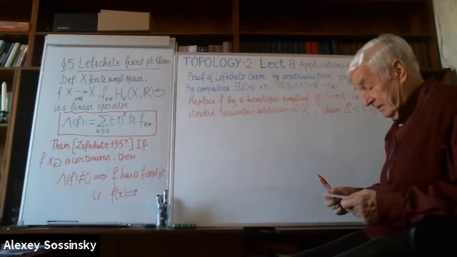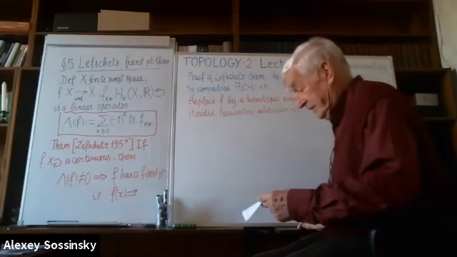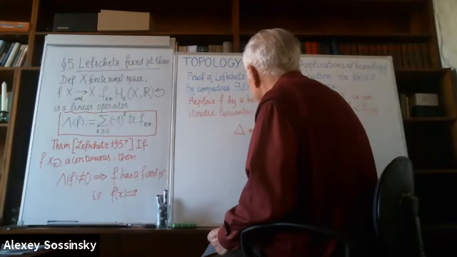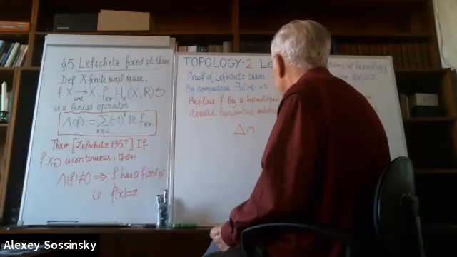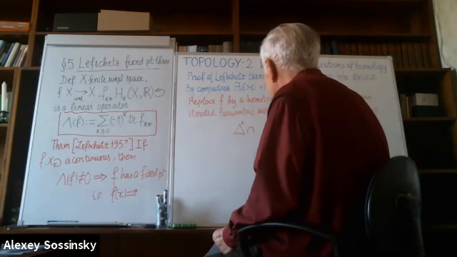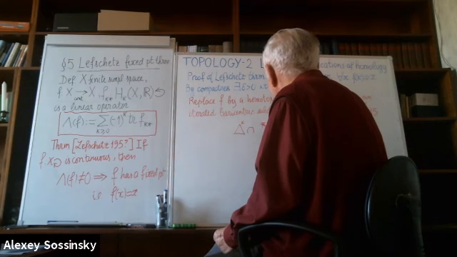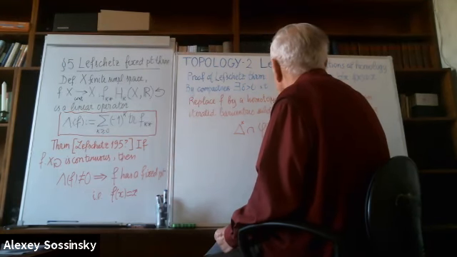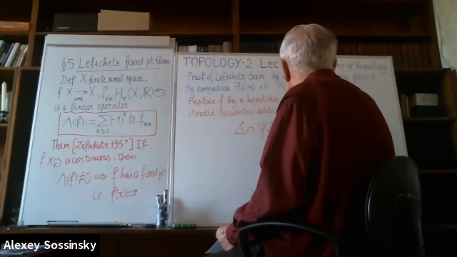And then, obviously, we have the following. Delta intersected with the image of delta has to be empty.